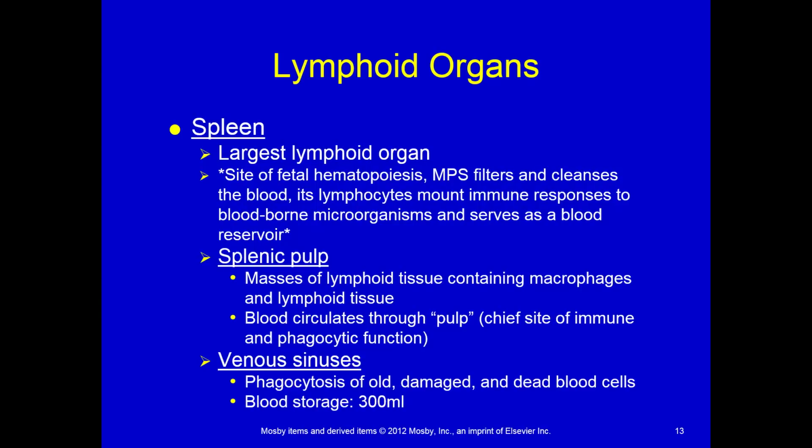Okay. So again, the spleen is divided into compartments that contain masses of lymphoid tissue, and blood-borne antigens encounter lymphocytes here and initiate that immune response. So that's why the spleen is considered such an immune organ in and of itself, because that's where you find a big body of lymphocytes.